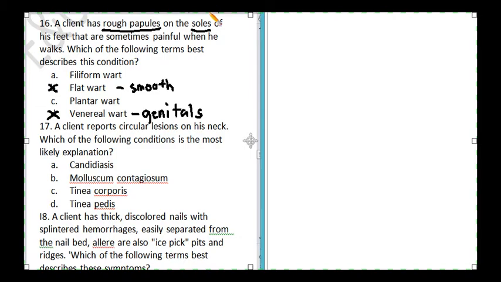Therefore, this only leaves us two options. Answer here is letter C. Plantar warts. These are warts commonly seen in the soles and considered to be rough and papule type of lesion. Answer C.